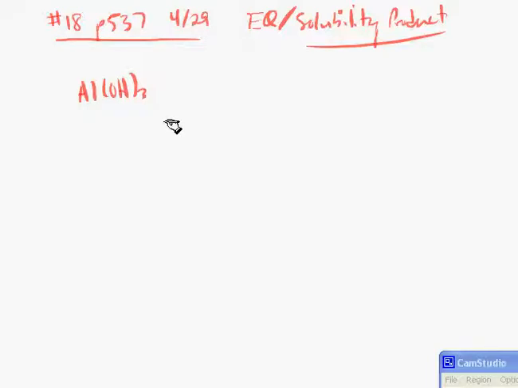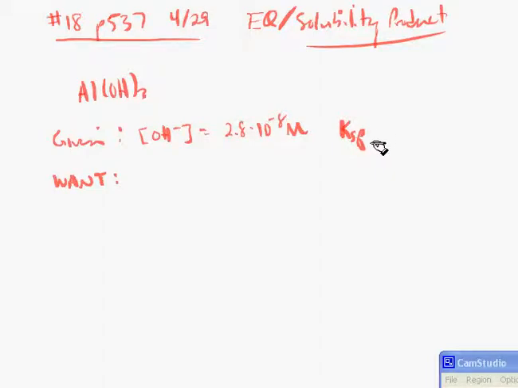Okay, alright, so we're given the concentration of OH minus, which is equal to 2.8 times 10 to the minus 8 molar, and we want, and they tell us to look up KSP for Al(OH)3, so why don't we do that.